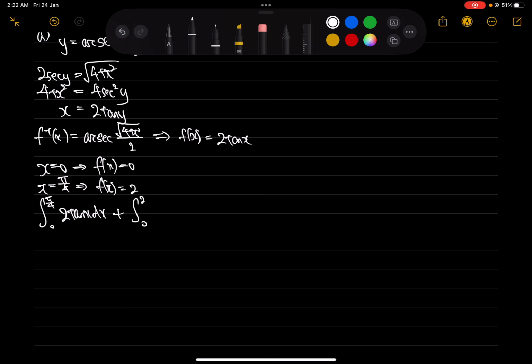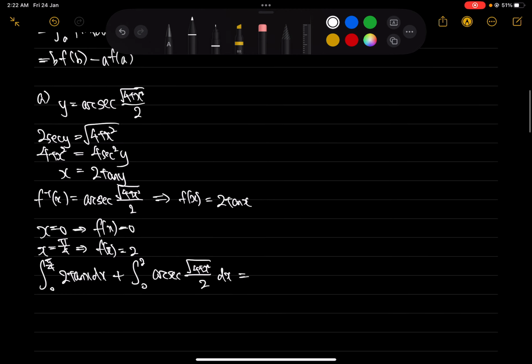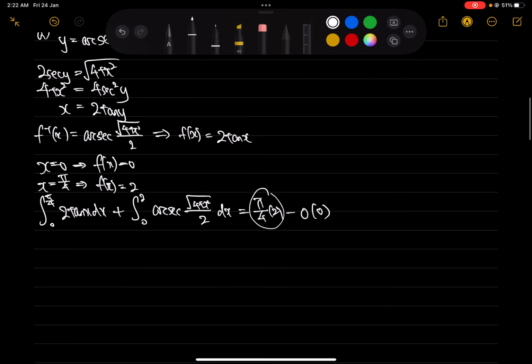0 to 2 is equal to b f(b) minus a f(a). This is just pi over 2. Minus tangent x is natural log cosine. Hold on, let me check.